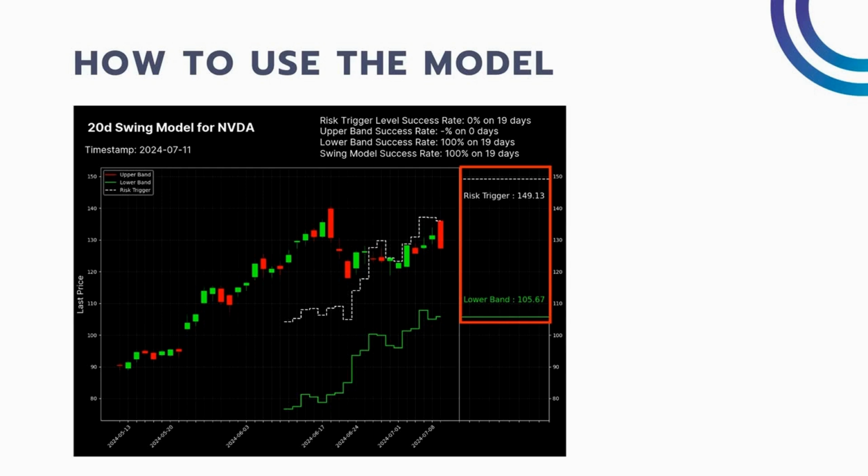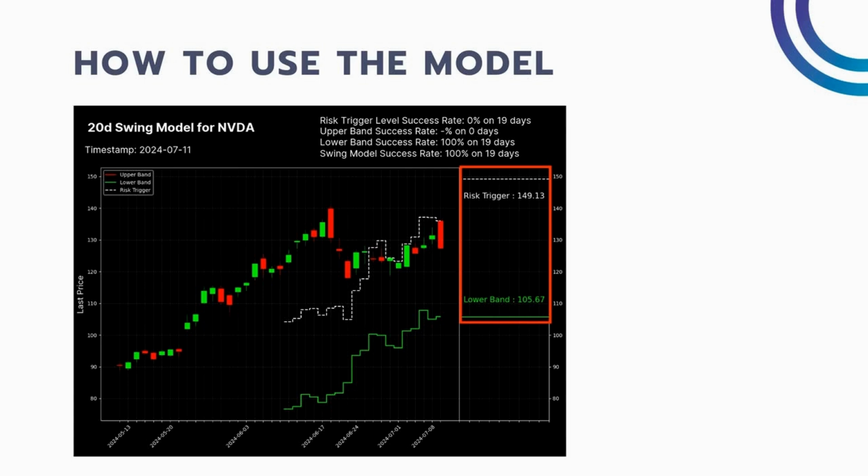So this brings us to how can you use the model? So on the right-hand side, every day, the model will show you 2 price levels. We're going to have either an upper band or a lower band. We will never have them on the same day. And these lines are the ones that are considered by the model to have a higher relevance. Then you can see the risk trigger level.